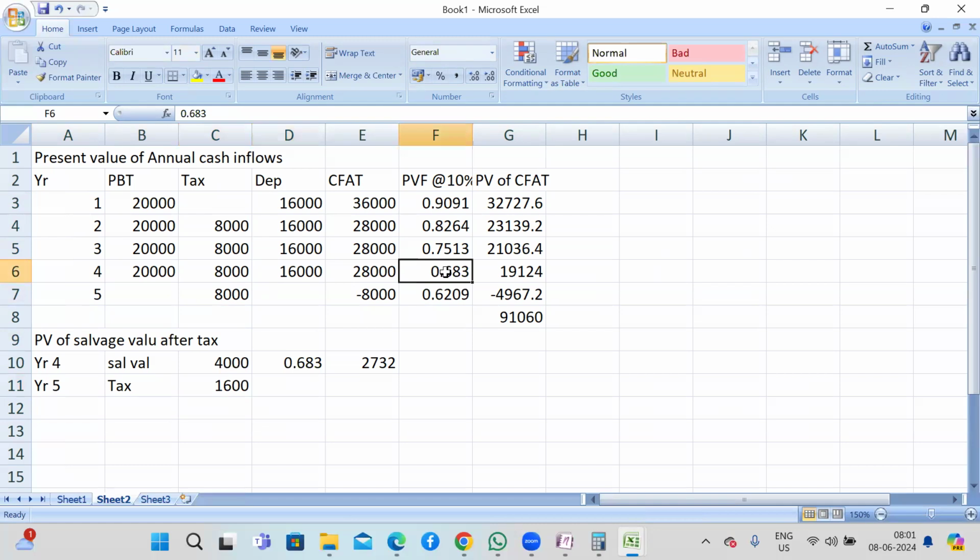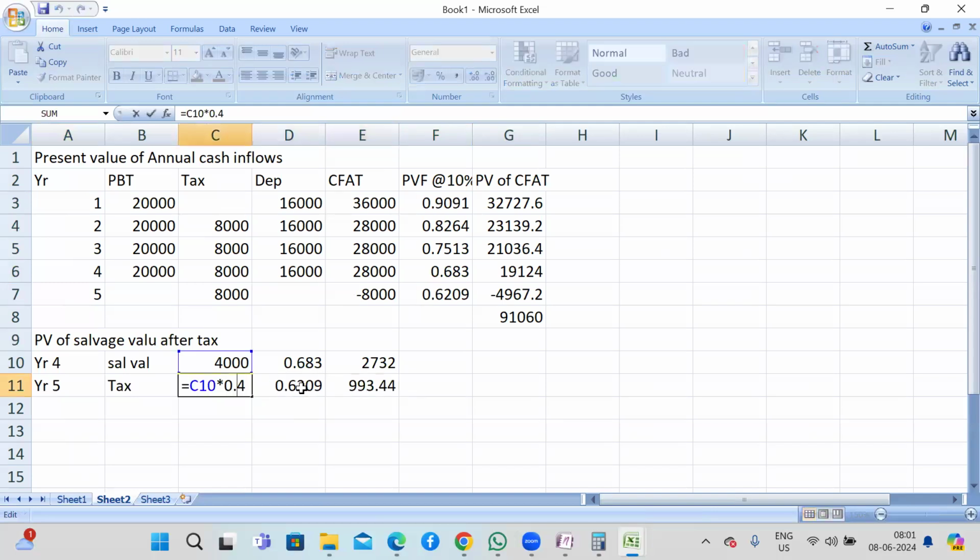Year 5 present value factor is 0.6209. So this 993 I am going to pay. So I will be getting a sum of 1738.56. So salvage value after taxes is 1738.56.